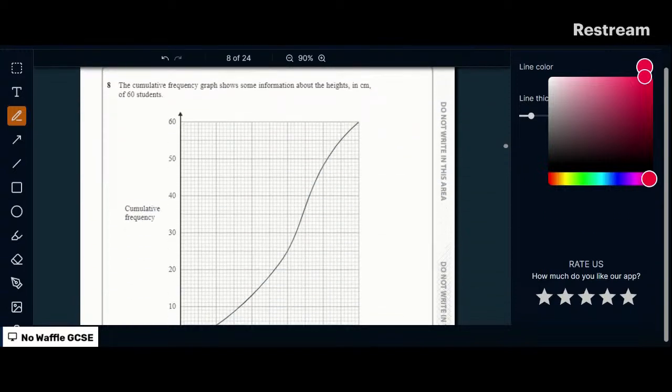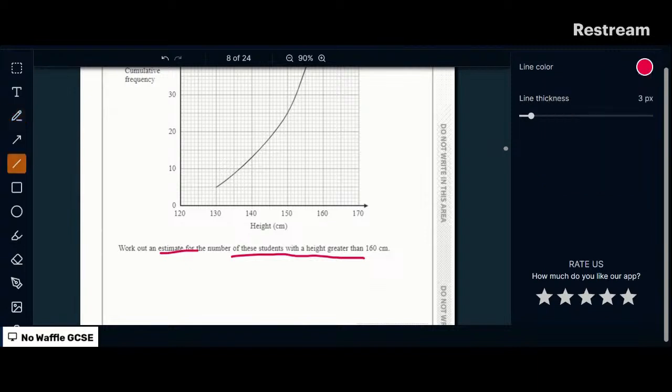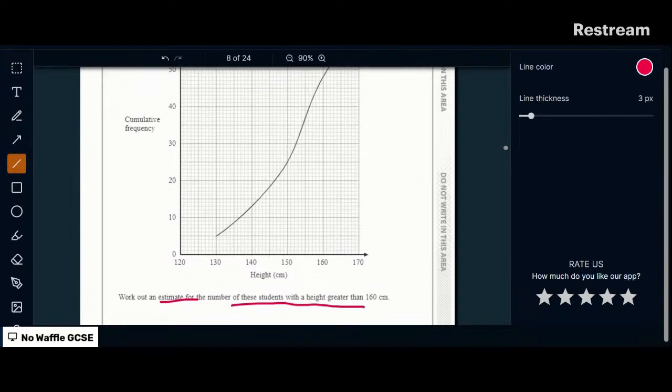Next, the cumulative frequency graph shows some information about the heights of 60 students. Work out an estimate for the number of these students with a height of greater than 160 centimeters. So first things first, always on your diagram, find out and mark the 160 centimeters mark.